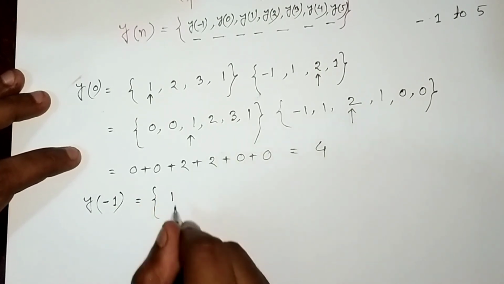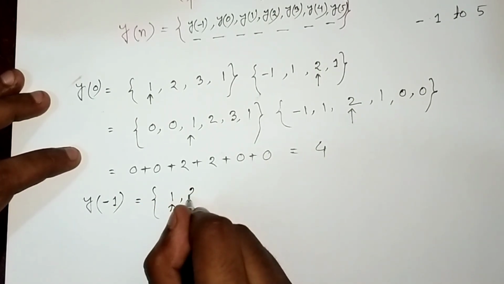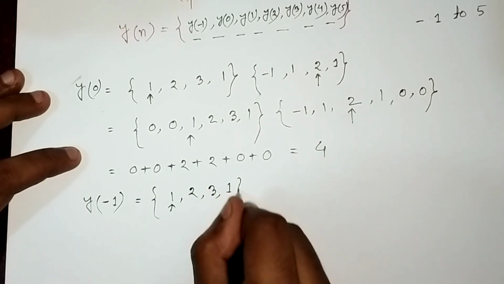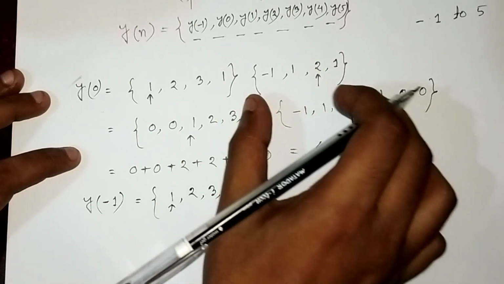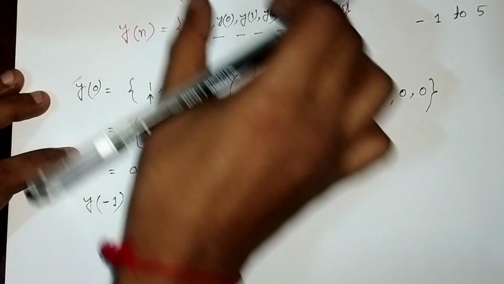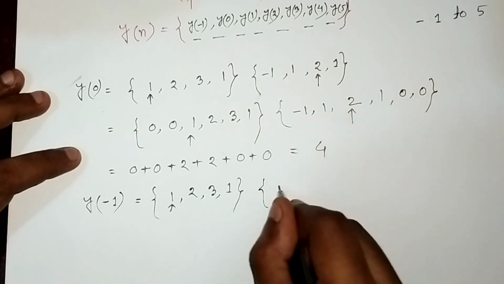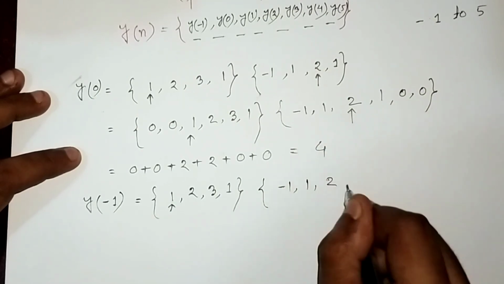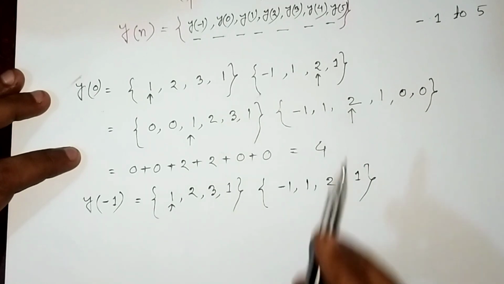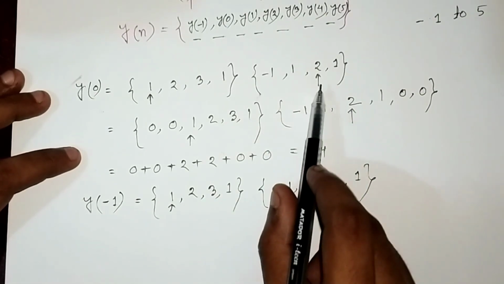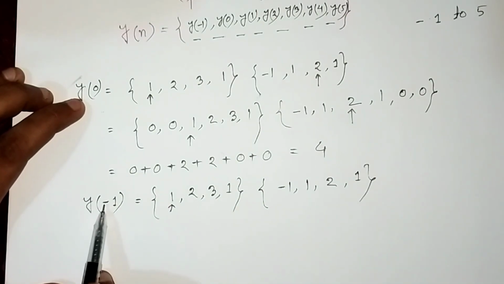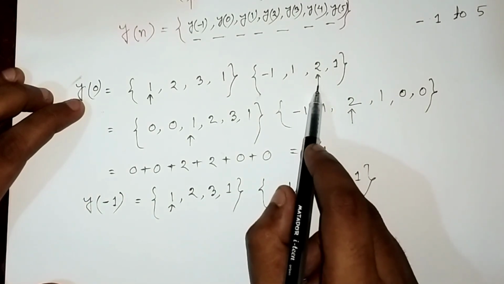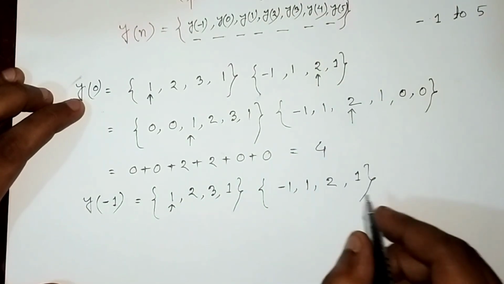You have to do the same thing as before, only one change will be there. I'll just show you. The input sequence will be the same, you do not need to change it, but in the folded version of the impulse sequence you need to make one change, and that is, instead of putting the arrow where it used to be in the 0th position, now as you are finding out the value of y of negative 1, you have to put this arrow to the right side of where it used to be.